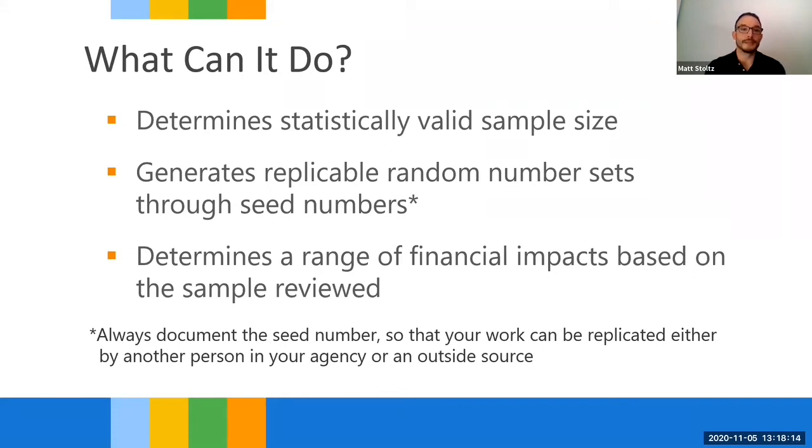Touching on the seed numbers, this is very important and something that is key to RatStats. The seed number allows other people, be it another auditor or an agency or CBH, to replicate the same number set, which will give us the same pull of our sample.